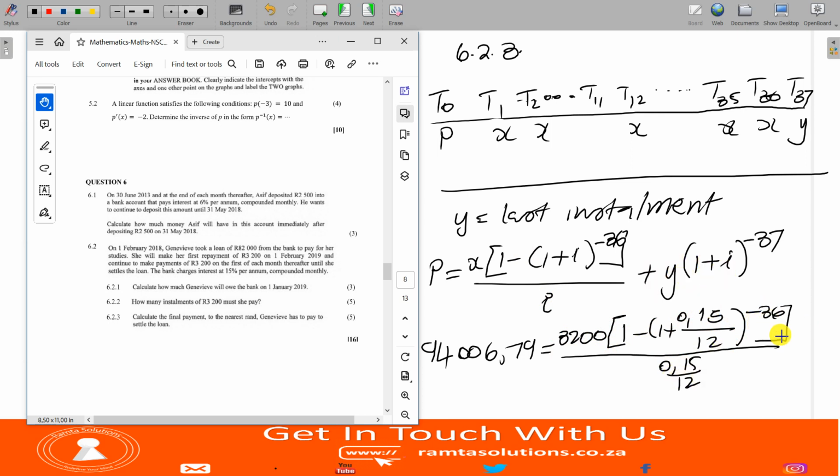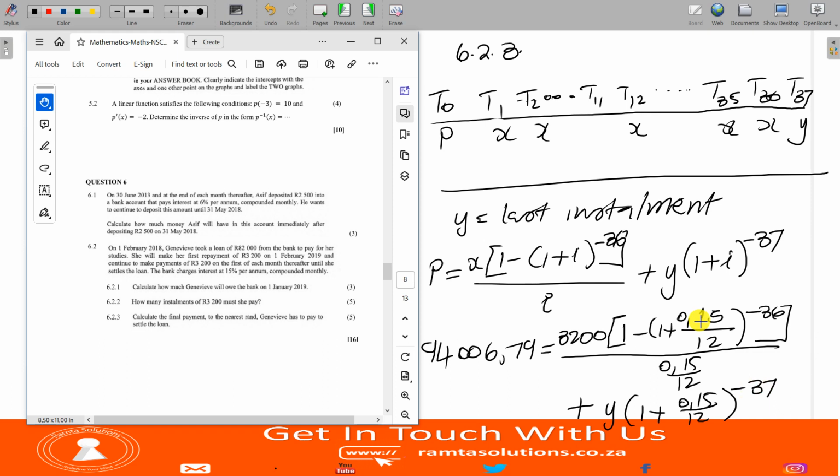Because I don't have space here, allow me to write the second part below: plus Y into (1 plus 0.15 over 12) to the power negative 37.